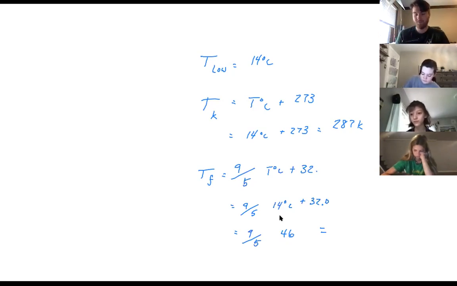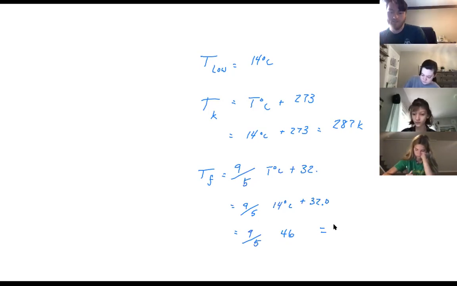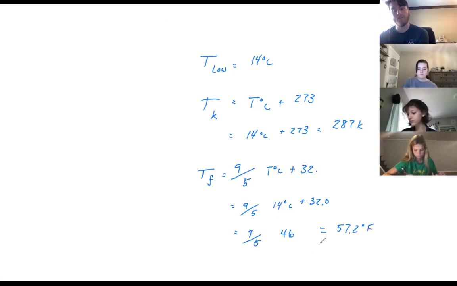Let's see what we get. 9/5 times 14. There we go. 25.2 plus 32. We get 57.2 degrees Fahrenheit. But here is one of the times where we're multiplying.